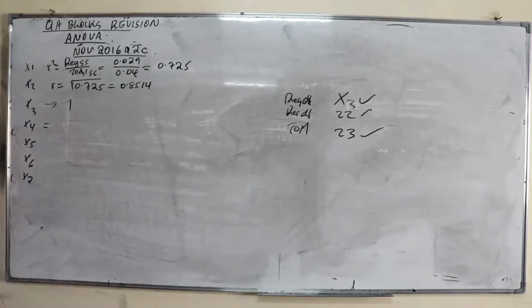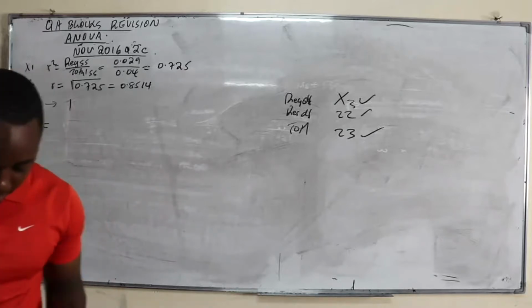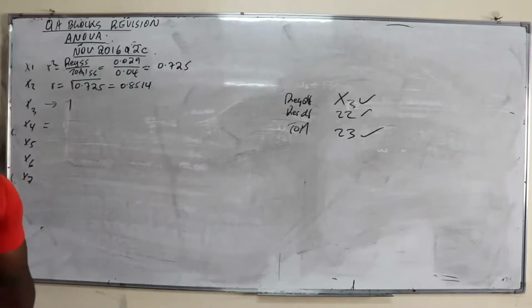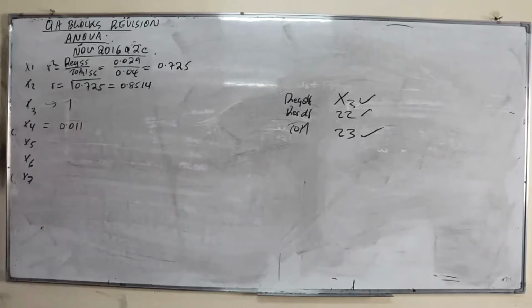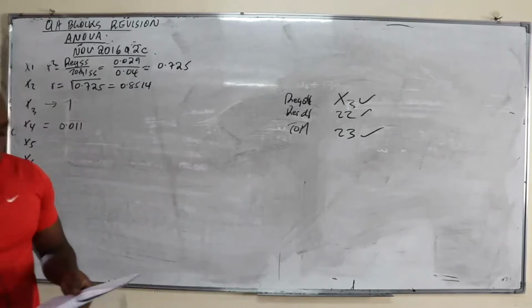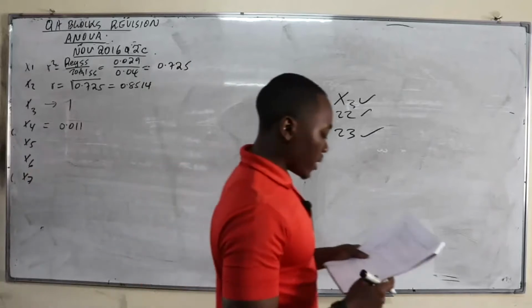This question is straightforward. Can someone volunteer? Are you getting 0.011? Good. Try that again.